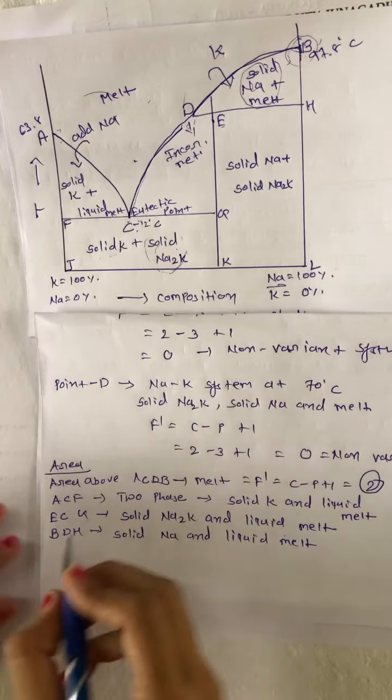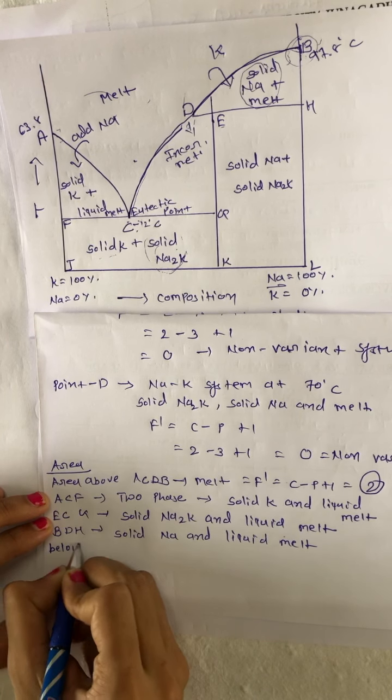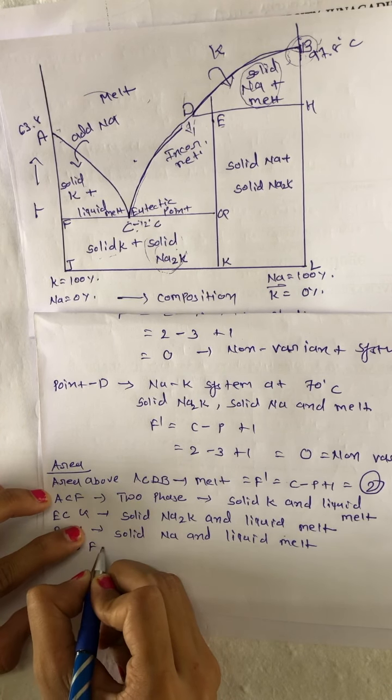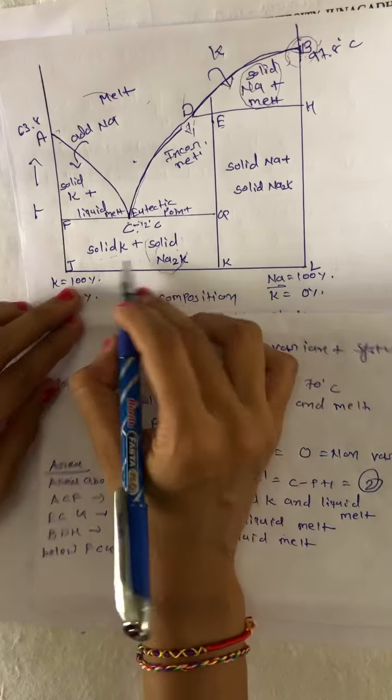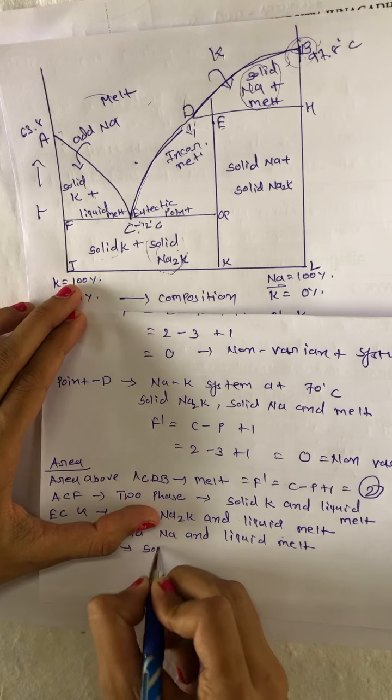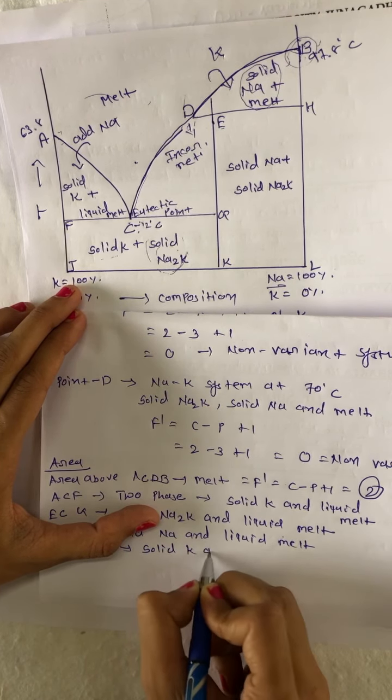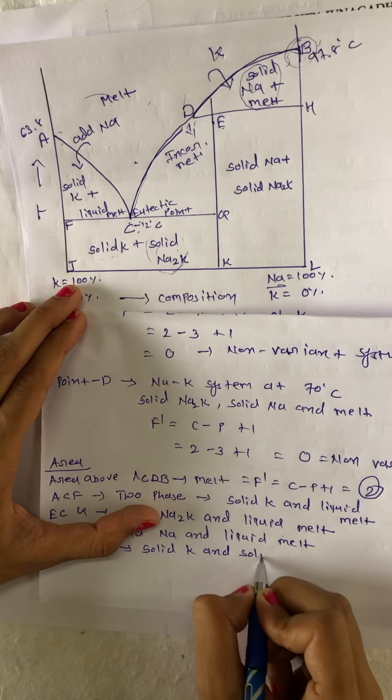Now the area below FCG, below F, C and G. Solid K and solid Na2K are present here.